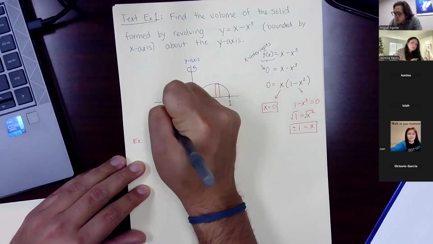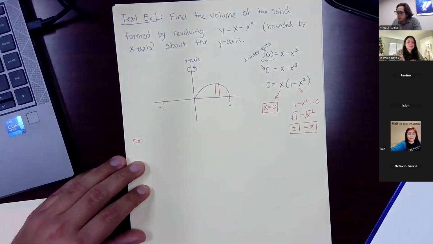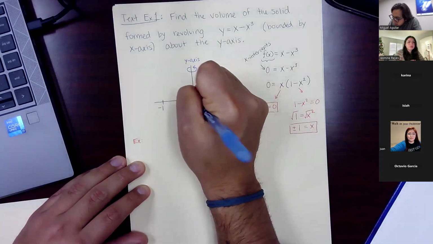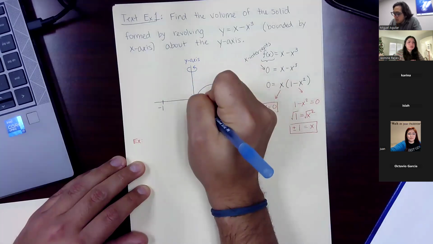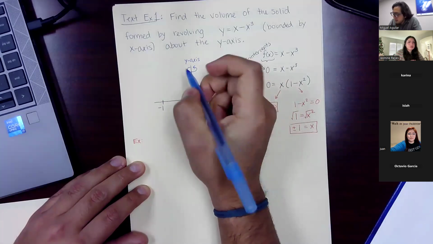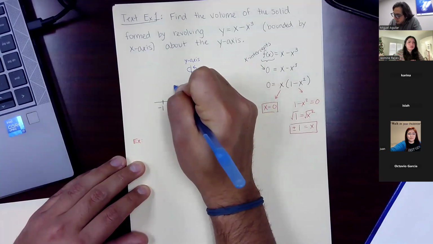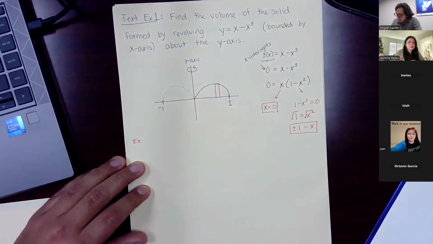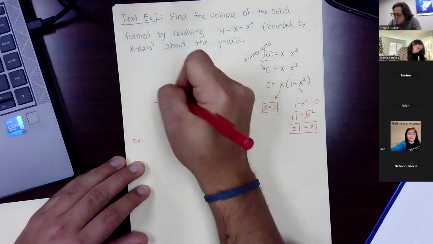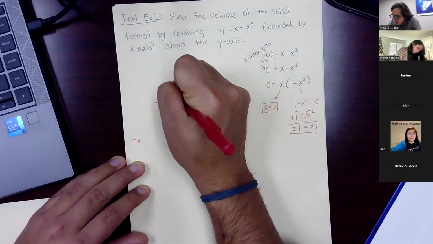This is -1 over here. Then you could imagine, I'm going to draw the other part of the shape here, another little characteristic rectangle here.